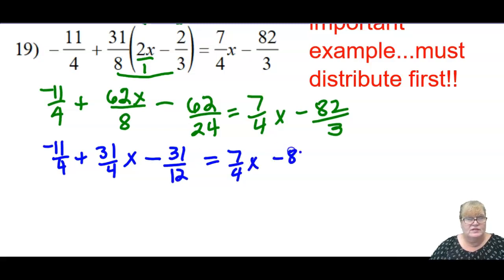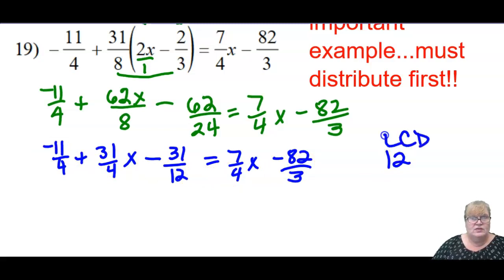Minus, and that's not divisible, I don't think, 82 over 3. All right, but if I look, my largest divisor of 12 is going to be divisible by 4 and 3, so I can use 12 as my least common denominator.